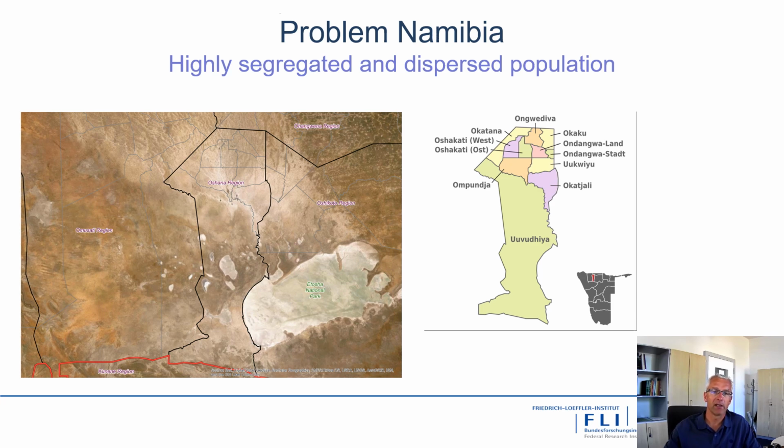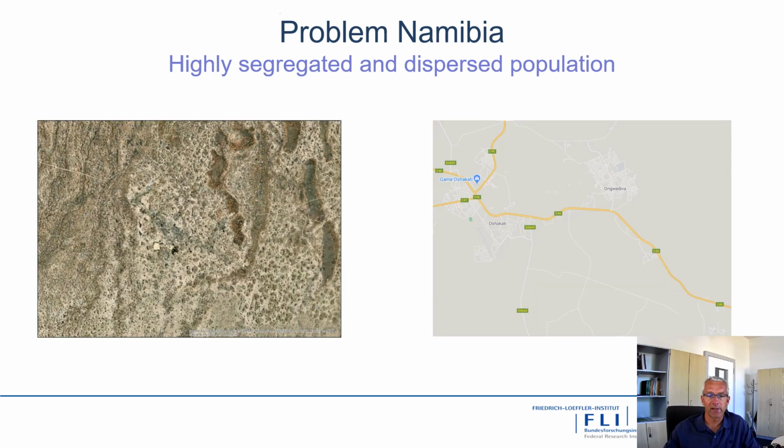This is partly because of the very segregated and dispersed human population in this part of Namibia, the northern communal areas. As you can see here on the left-hand side, it's very separated into individual homesteads, and normal mapping tools such as OpenStreetMap do not provide the desired resolution to plan dog vaccination programs.